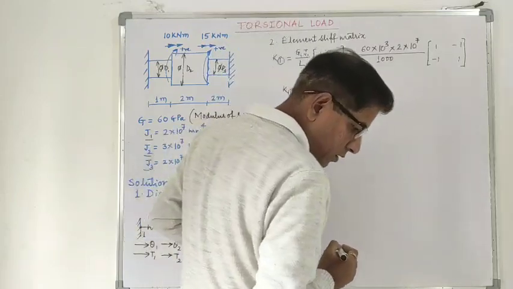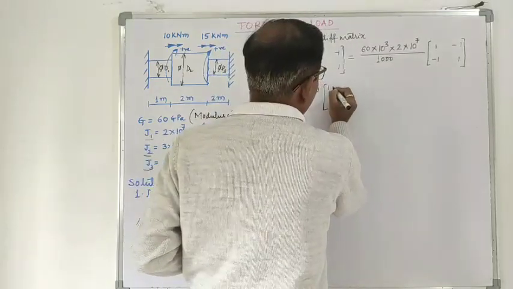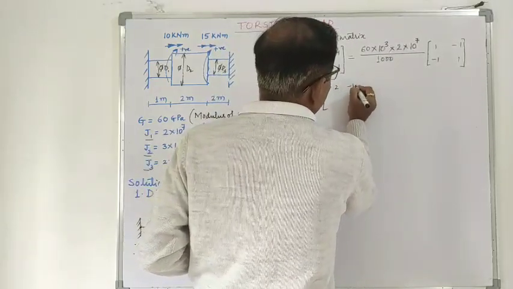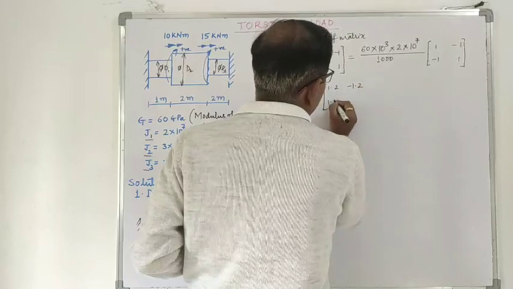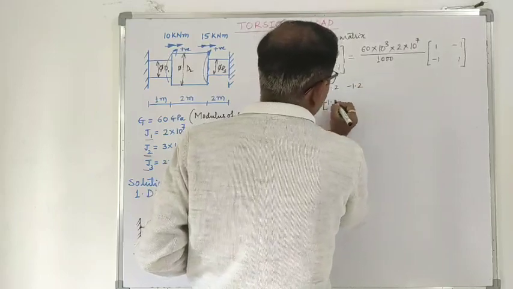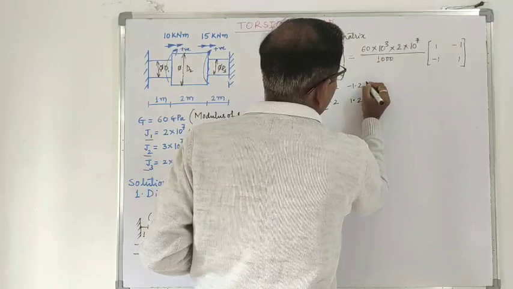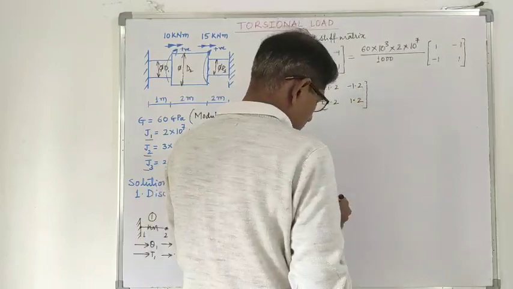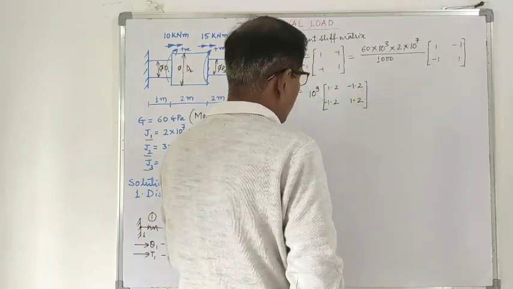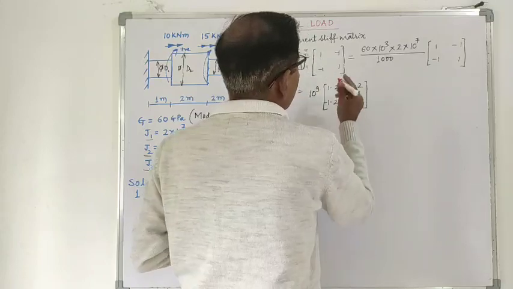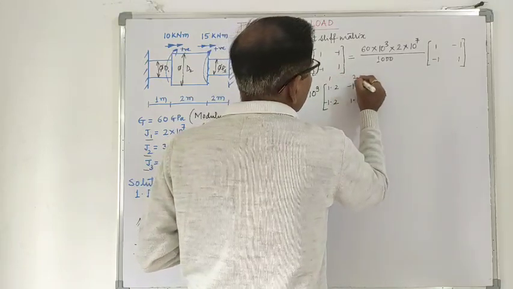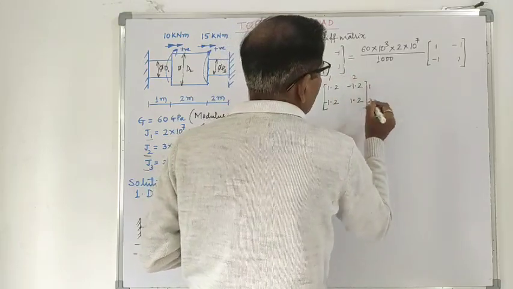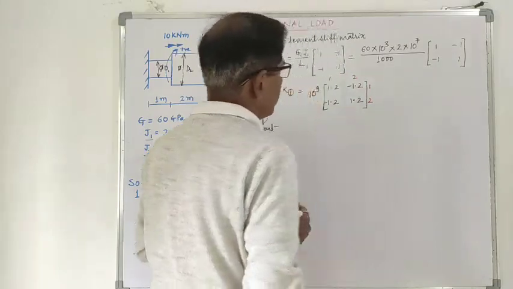Inside the bracket it is 1.2 minus 1.2, minus 1.2 1.2, and this is for node number 1 2 1 2. Okay.